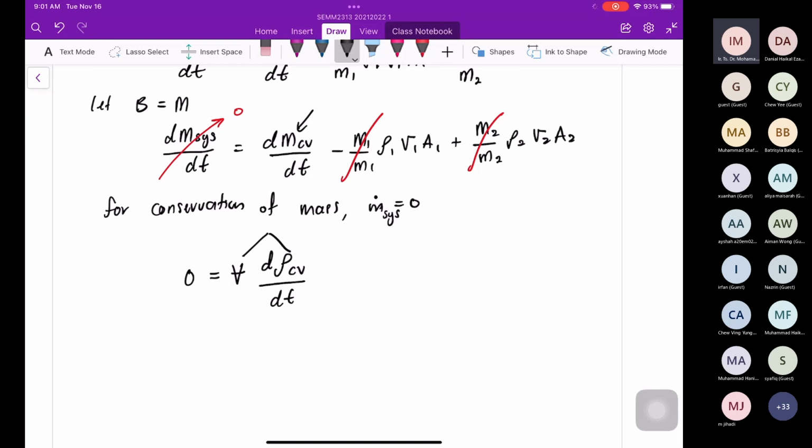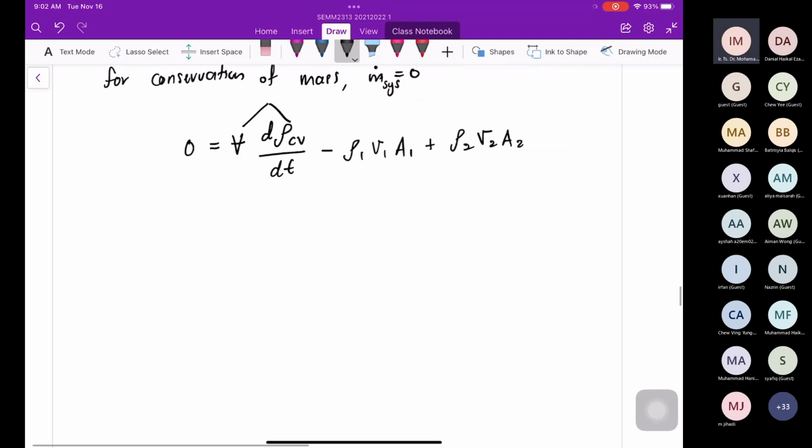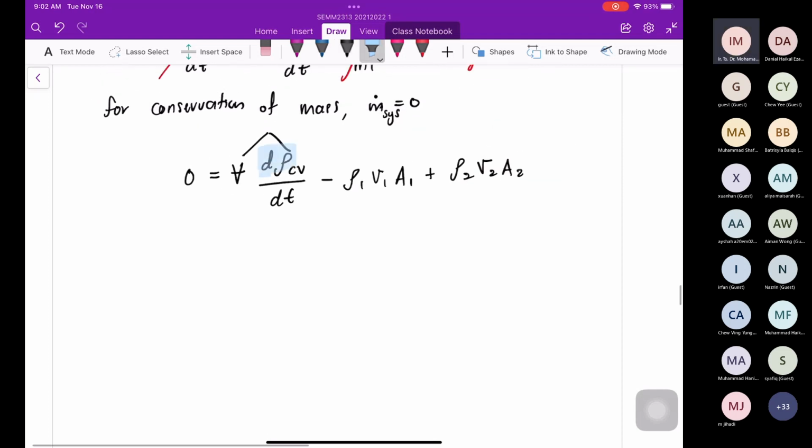Because this is considered a fixed volume and the fluid is considered compressible or incompressible. So it changes in density. Minus rho 1 V1 A1 plus rho 2 V2 A2. You can see density 1 and density 2 are different. That is why we have to do the differentiation of the density.